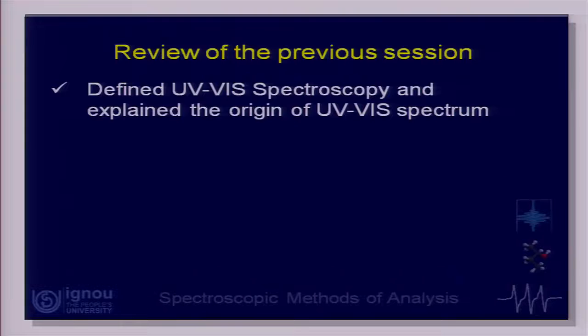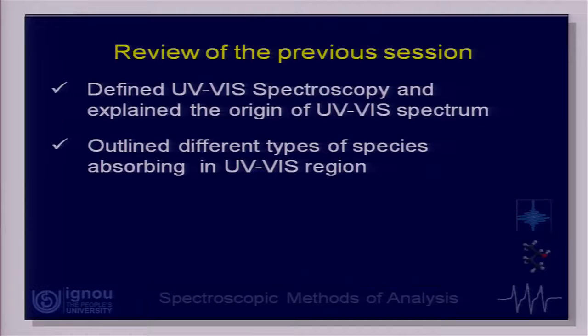Let us begin by recalling what we did in the previous session. In the previous session, we basically started by defining what is UV visible spectroscopy and explained the origin of UV visible spectroscopy in terms of the transition amongst the electronic energy levels. Having done that, we talked about different types of species which are relevant from the UV visible spectroscopy point of view, that is, what are the organic molecules or the inorganic species which absorb this radiation and give a spectrum to us.